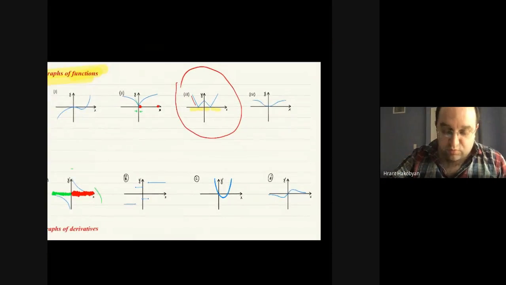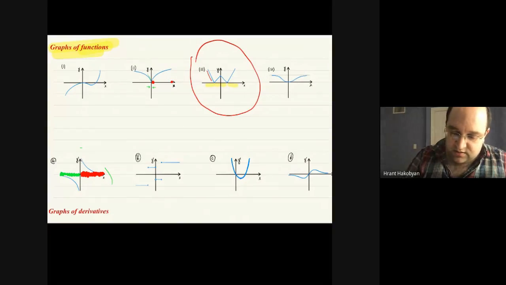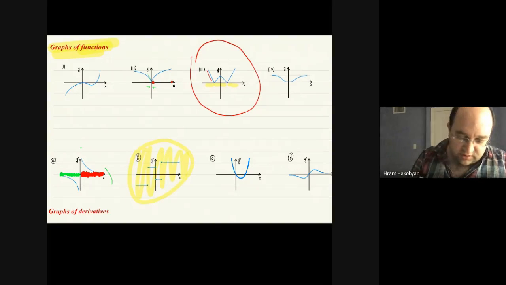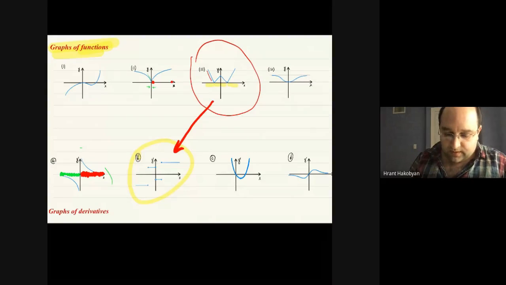And there is just one function here which looks like that, and that's this function here, right? So this one is the derivative of this. All the other ones don't look like piecewise constants, okay? So that means this one gives you this derivative, okay?